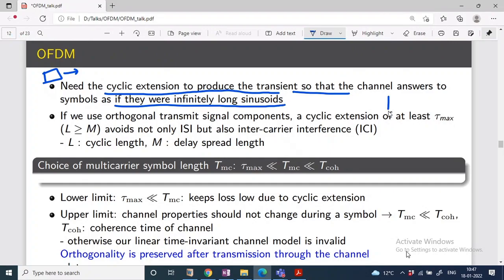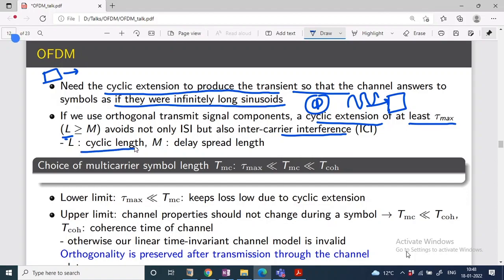So that is your channel. You feed sinusoidal signals in such a way that the channel experiences an infinite duration cosine signal being applied. So we add the cyclic prefix, generally called cyclic extension. We use the orthogonal transmit signal components with a cyclic extension of at least tau max duration, where L is greater than or equal to M, to avoid not only ISI but also interference.